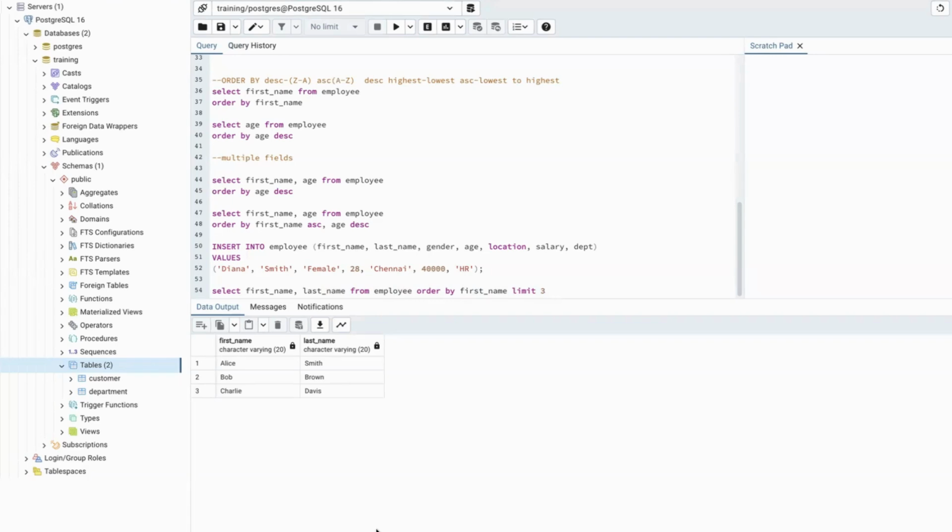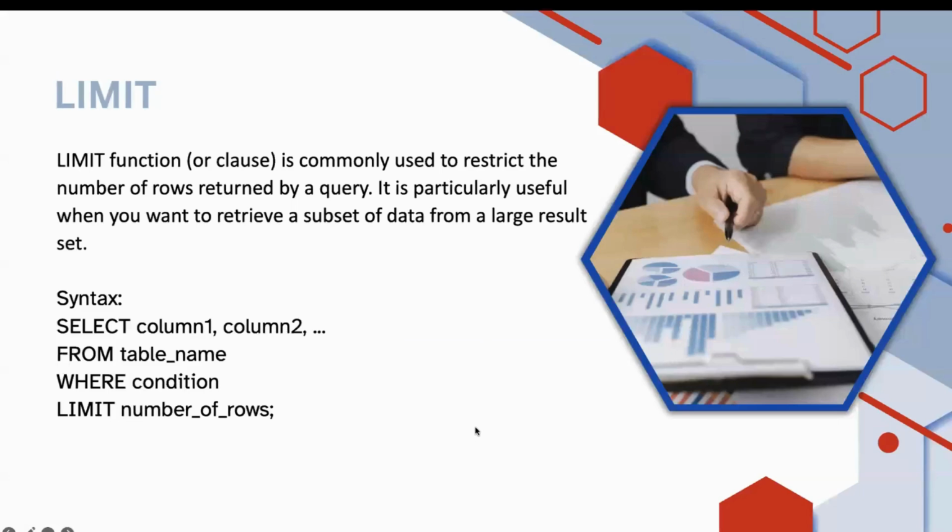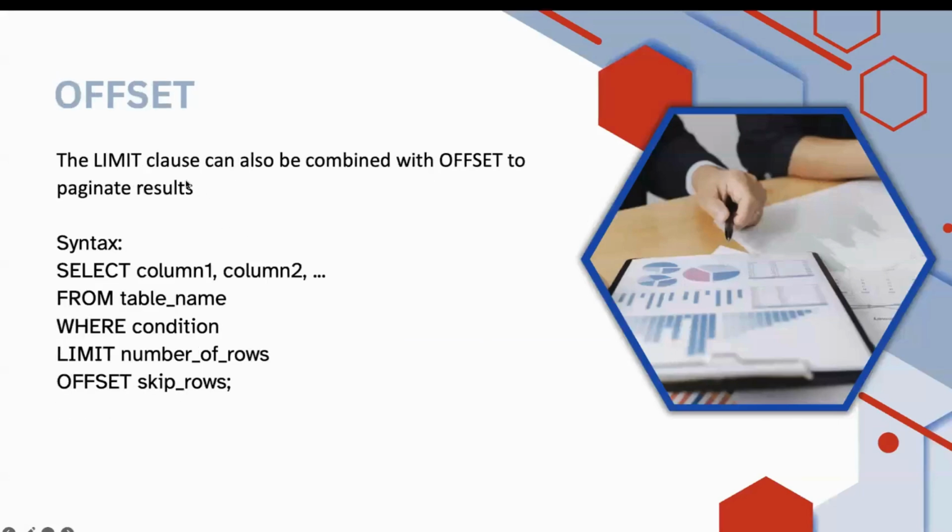Now the next clause is the offset. So what exactly is offset? We just go back to our presentation and I will show you. What does offset exactly do? If we use a limit clause with the offset, it will help you skip rows.